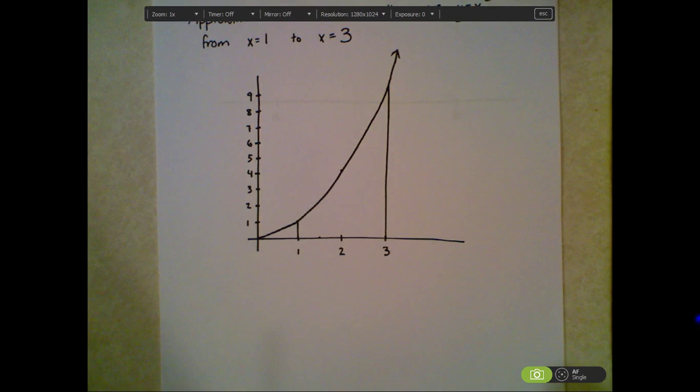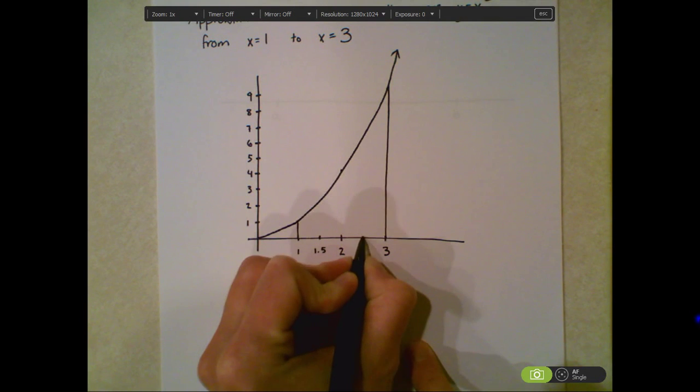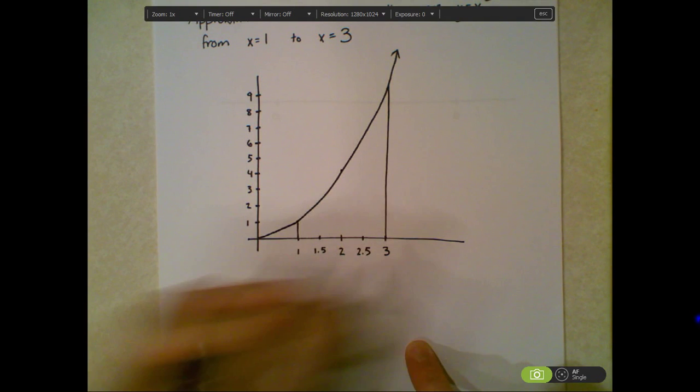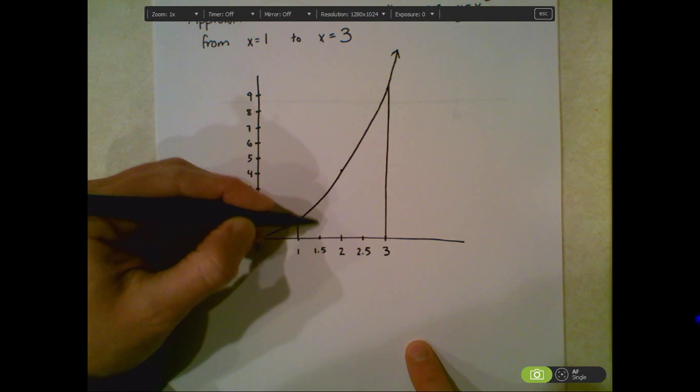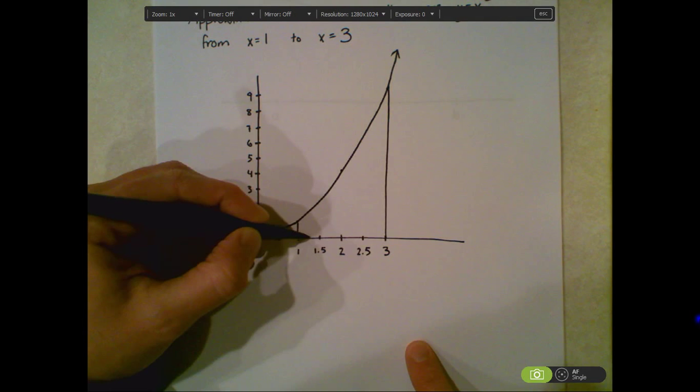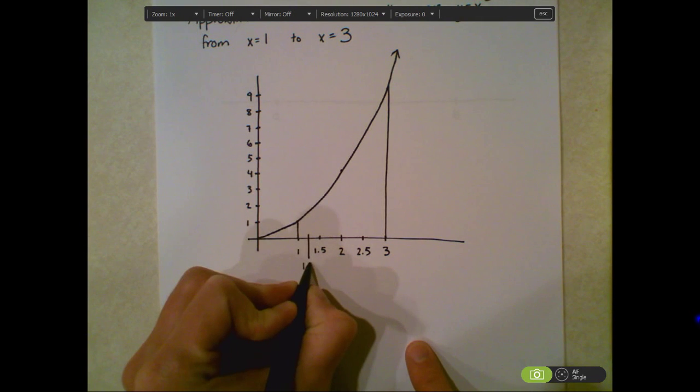So for our final summation, I'm again going to break it up into 4 different rectangles. So this is 1.5 and 2.5. But instead of using the right-hand endpoint or the left-hand endpoint, I'm actually going to use the height of the middle value of the rectangle. So the middle value is 1.25.